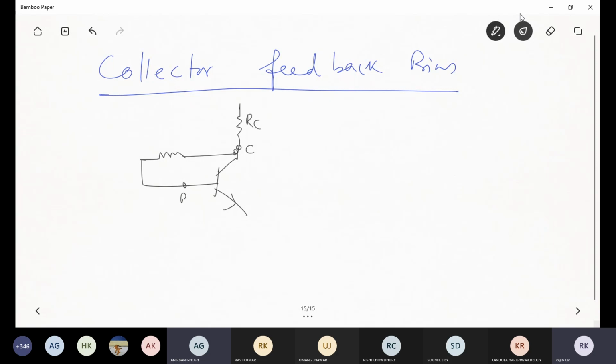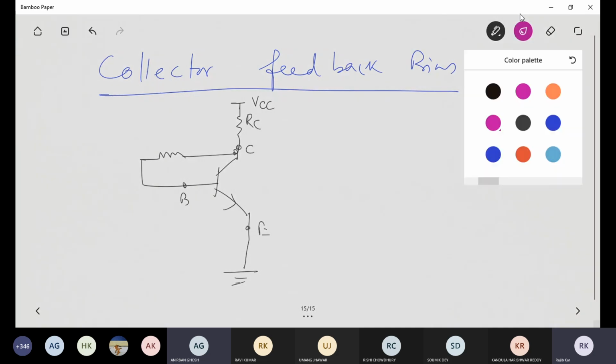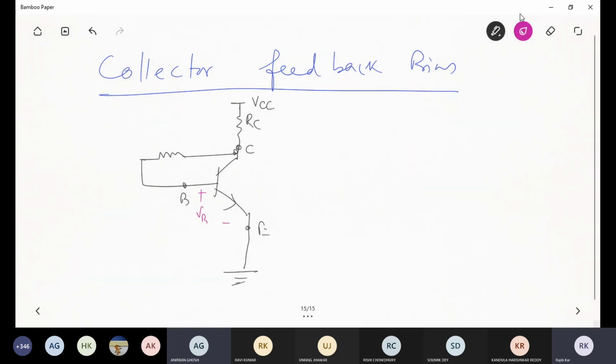This is the base terminal, and this is the emitter terminal connected to ground, with VCC at the top. Different currents and voltages: this will be VBE, this will be VCE.